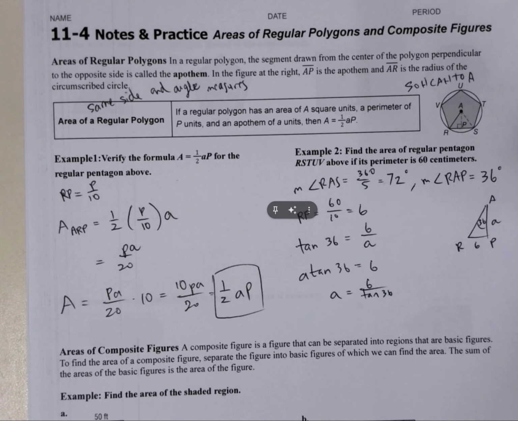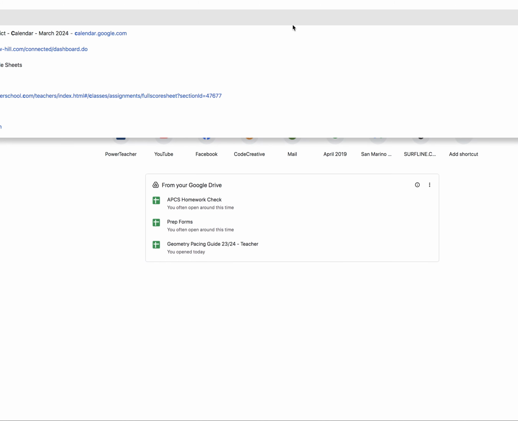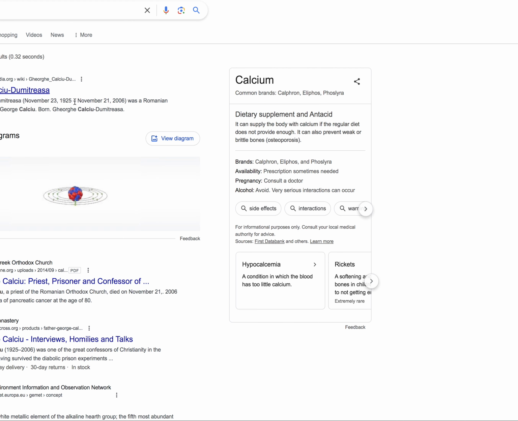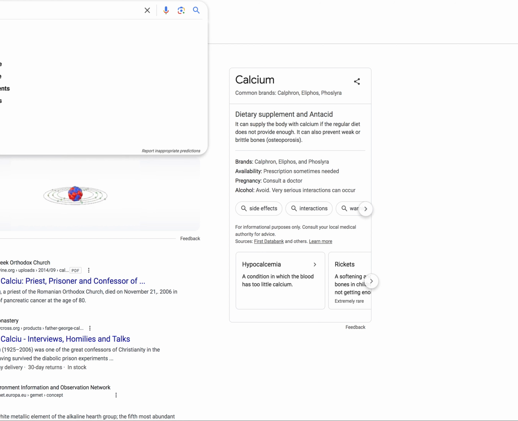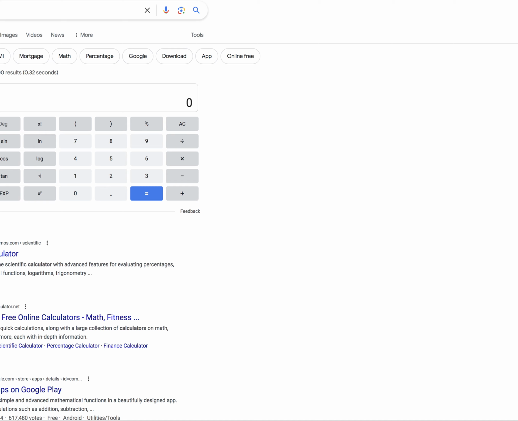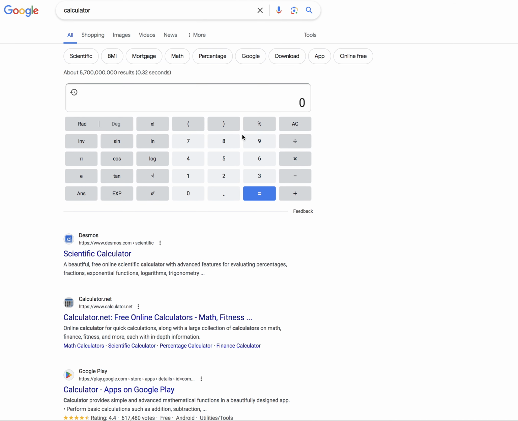So let's do calculator. And then I could put in these values. So 6 divided by tangent 36. Make sure I'm in degrees mode. Hit equals. Oh, that doesn't look right. This is degrees mode.